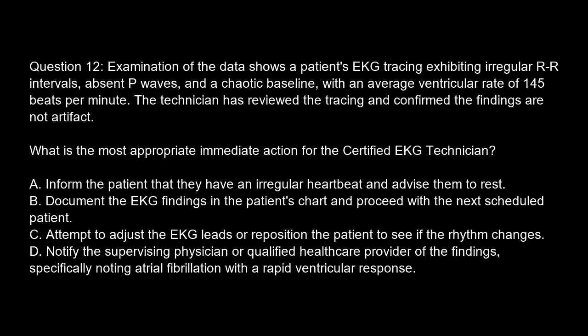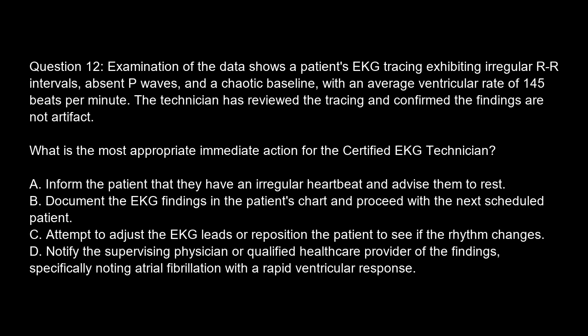Question 12. Examination of the data shows a patient's EKG tracing exhibiting irregular RR intervals, absent P waves, and a chaotic baseline, with an average ventricular rate of 145 beats per minute. The technician has reviewed the tracing and confirmed the findings are not artifact. What is the most appropriate immediate action for the certified EKG technician?